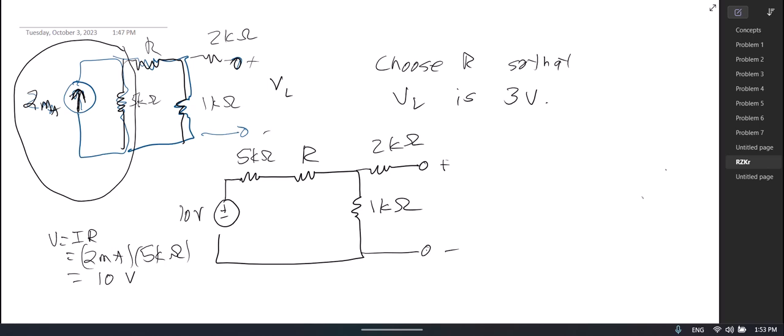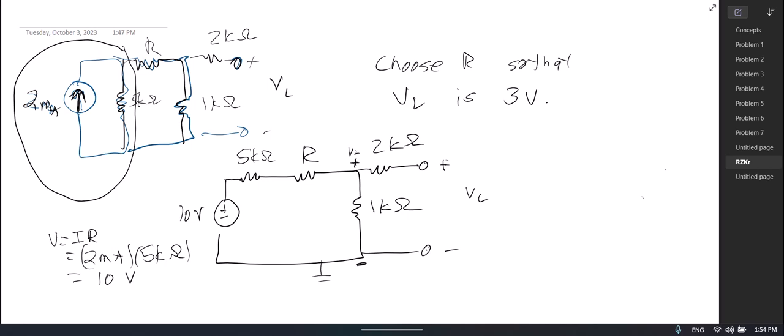So I can see, and you may not, because it's maybe the first time you've seen this, that this voltage is equivalent to the voltage across the 1 kilo ohm resistor. So if this is VL, this is also VL. Let's say I make this ground.